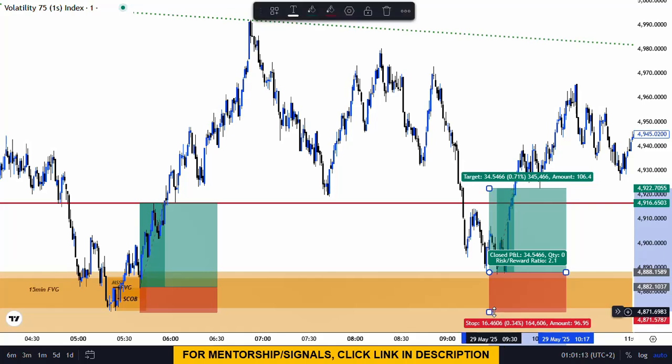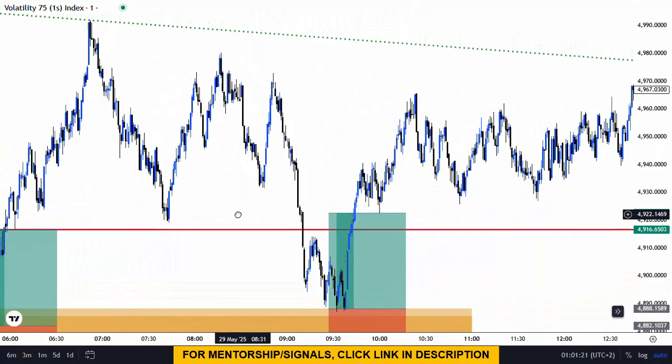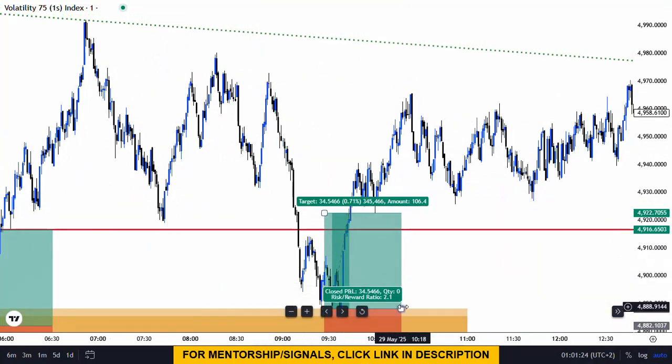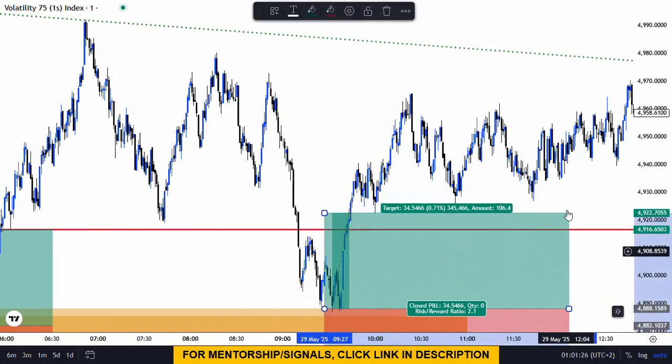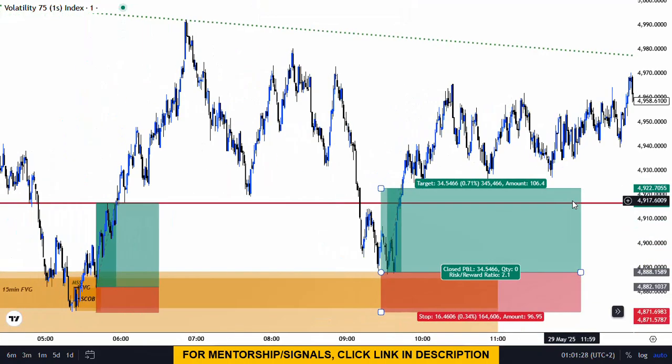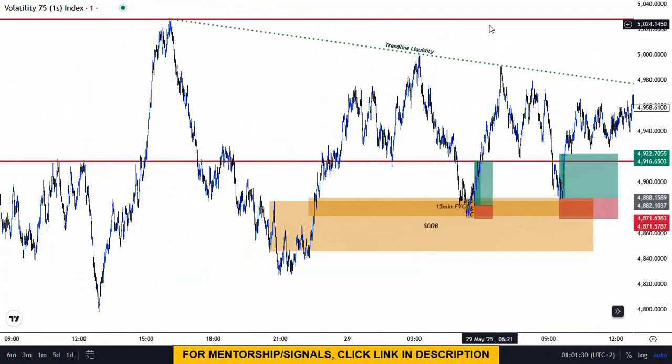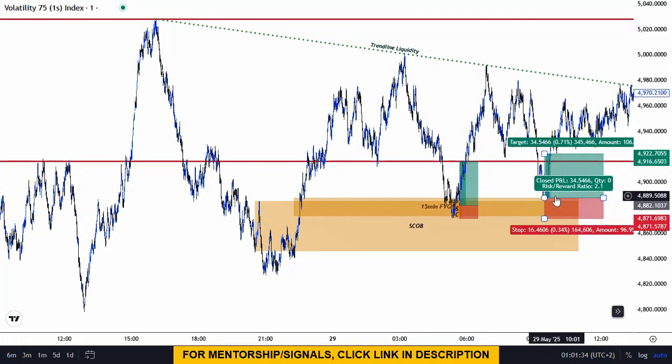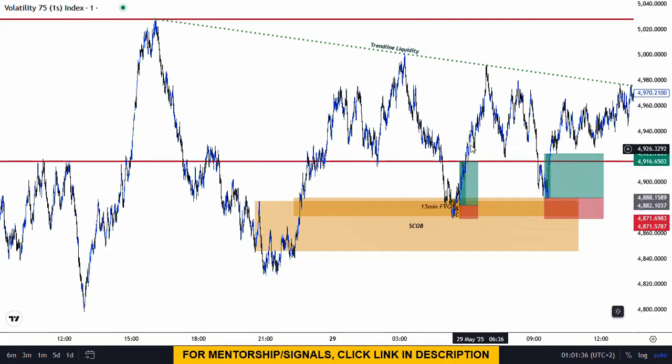If I've already entered and then price tries to make another second chance entry, and I still have things like this up there, this has not been cleared yet. And the reason this was also an easy entry is because price respected the trend line liquidity up there.